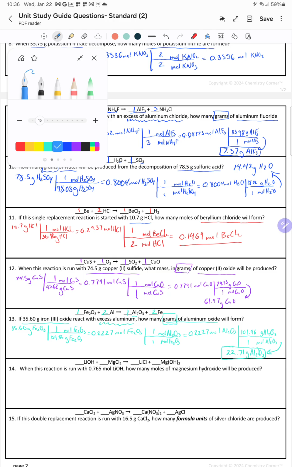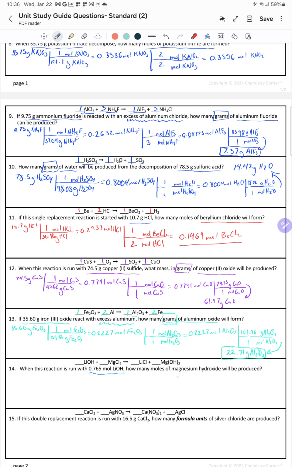All right, when this reaction is run with 0.765 moles of lithium hydroxide, how many moles of magnesium hydroxide would it produce? So we're starting with this. I have two different substances once again, and then you go to moles. Luckily, I have moles.